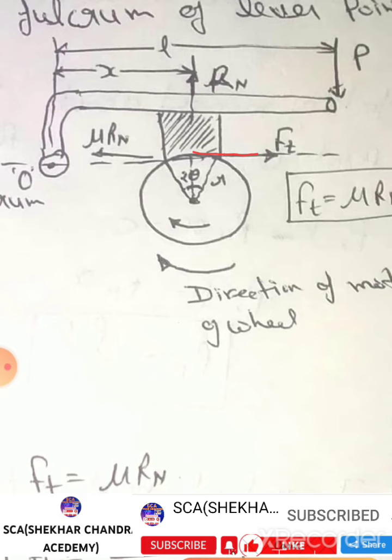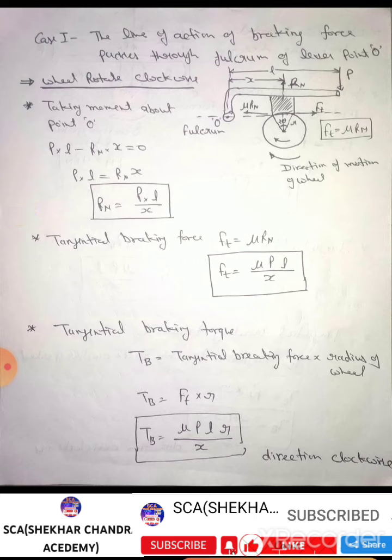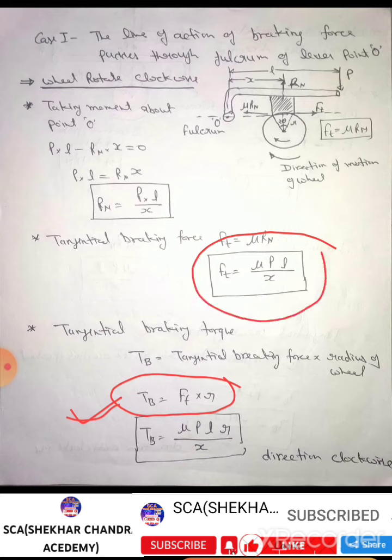Tangential braking force Ft into R, radius of wheel. This is the R, radius of wheel R. So Tb is equal to Ft into R. Now put the value of Ft, tangential braking force, from here to here.